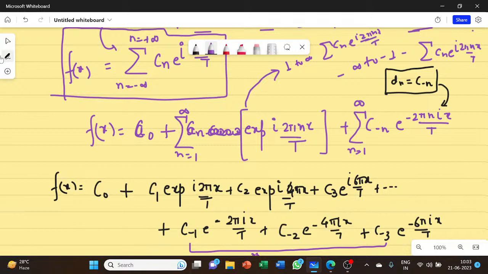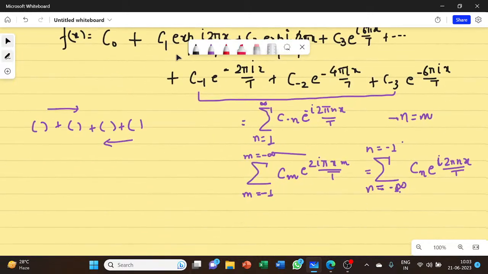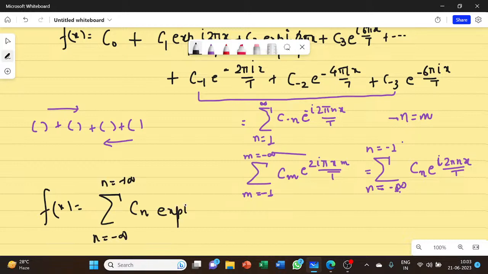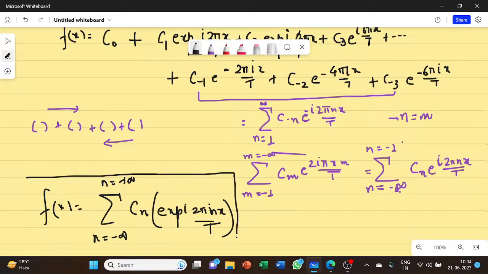So basically you can now write your function f of x is equal to summation, and don't worry about the Cn, Cn is just a constant, from n equal to minus infinity to n equal to plus infinity of e to the power iota 2 pi n x upon T. So this is what you call your complex exponential Fourier series.